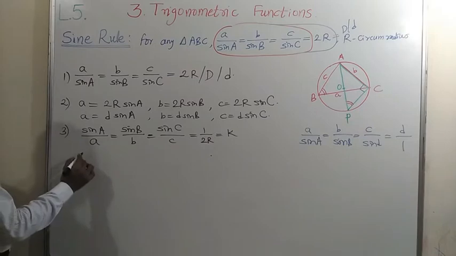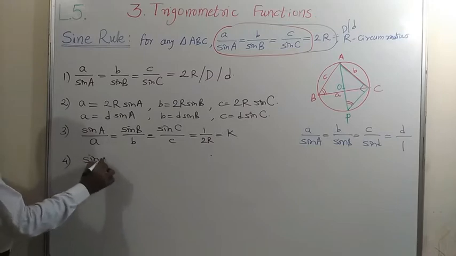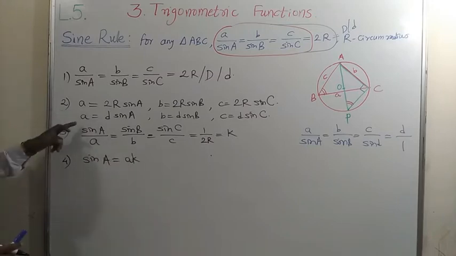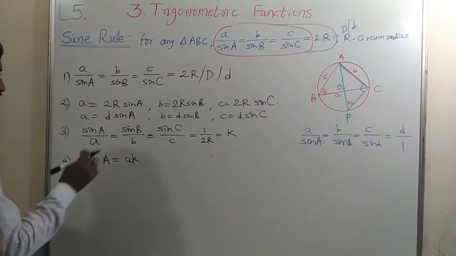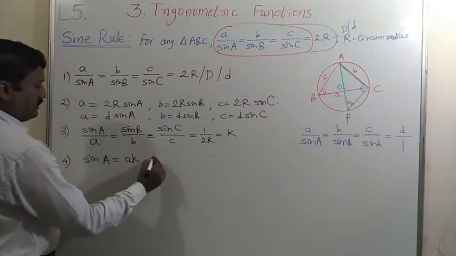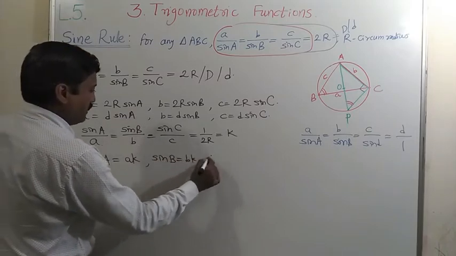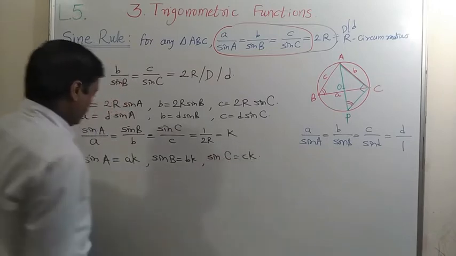Then from this we get the fourth result. We can use this also. Sin A is equal to small a into this k, where k is nothing but 1 upon d. Sin B is equal to bk, and sin C is equal to small ck.